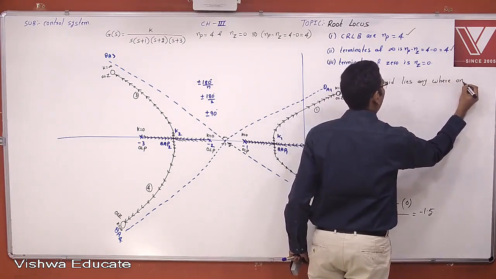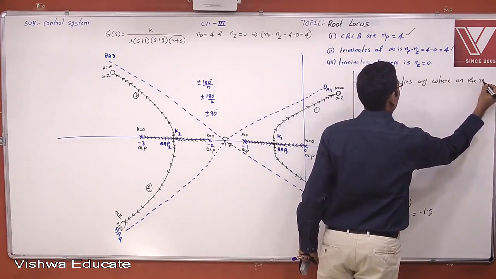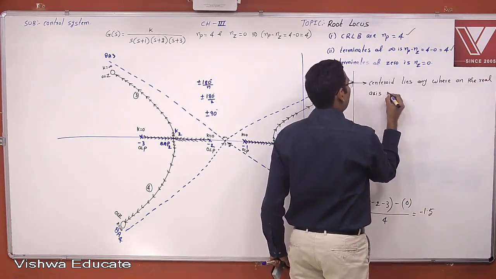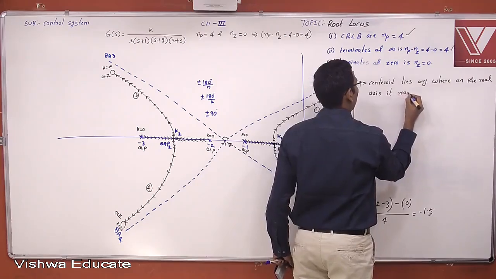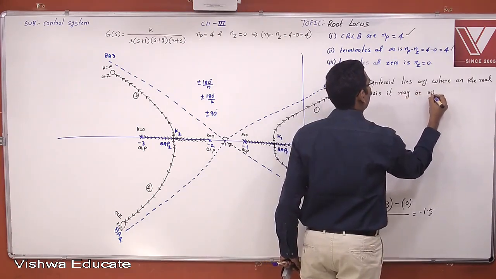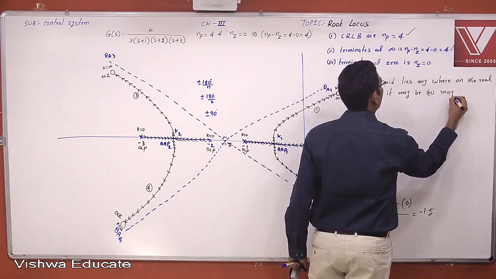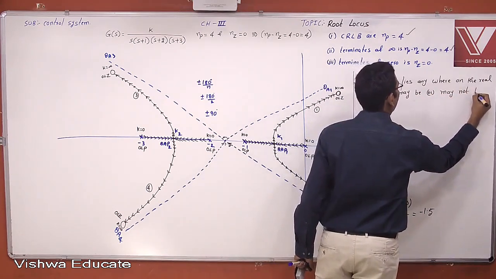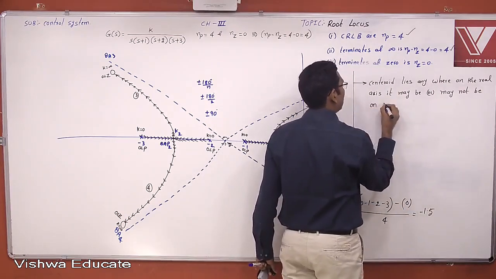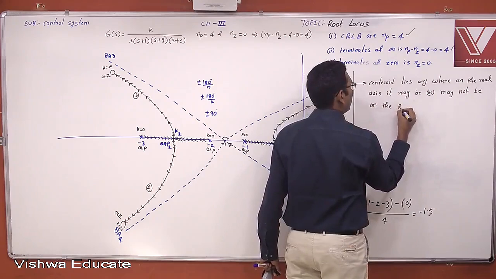The centroid lies anywhere on the real axis. It may or may not be on the root locus branches.